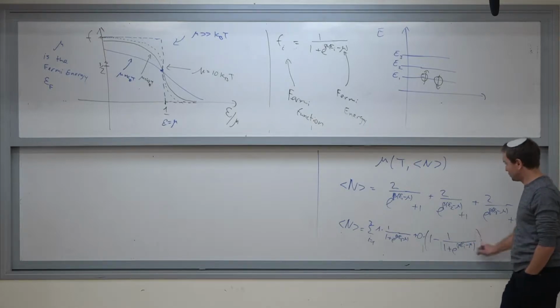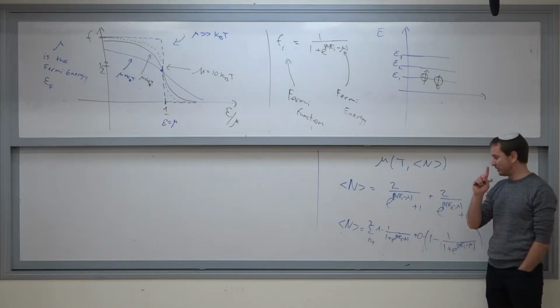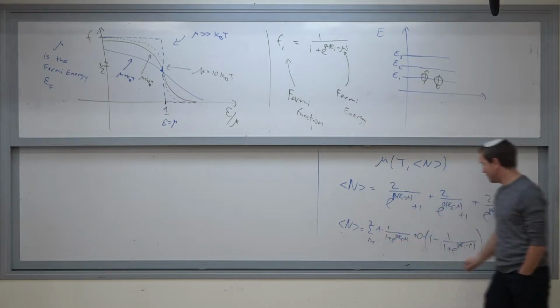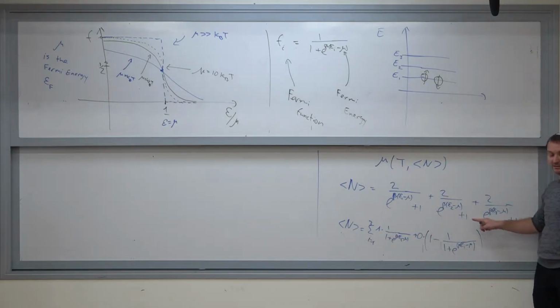This is the probability that the level is occupied, by one particle. And this is the probability that the level is not occupied. If it's not occupied, how many particles do we have there?